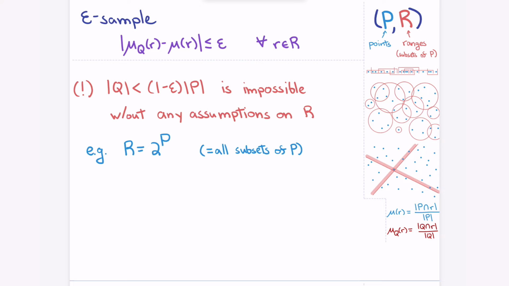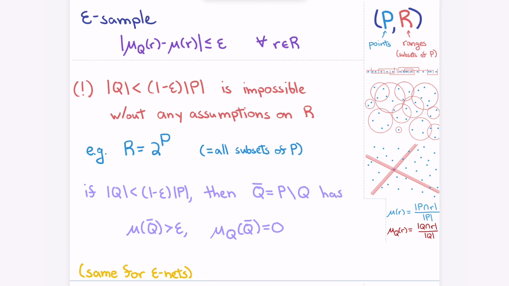Yeah, exactly. So the complement. If Q is substantially smaller than P, then the complement will be substantially big. But you're estimating 0. Okay.